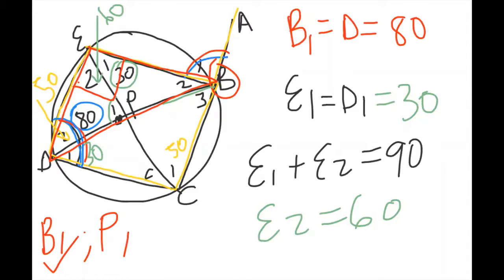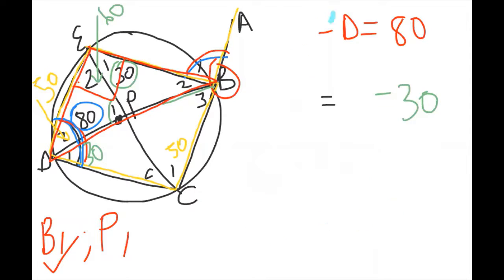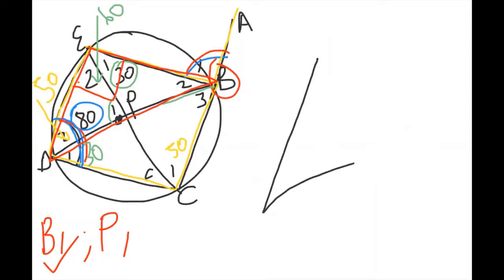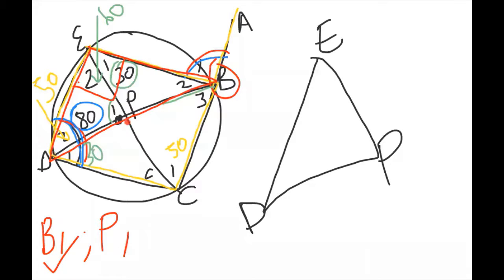And now we actually finish. Let me show you what I mean. I'm going to make some space. If you need this, just rewind the video, please. I'm going to look now at this triangle, the EDP. I just took this triangle EDP and drew it here on the right hand side.